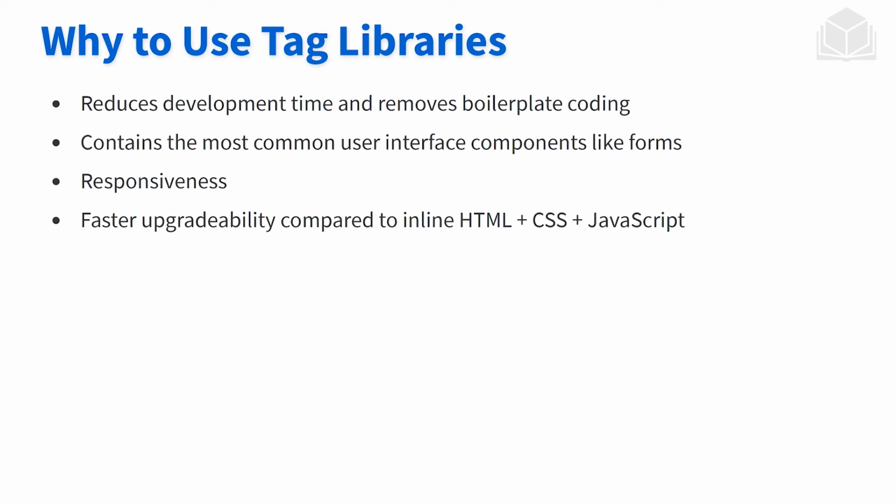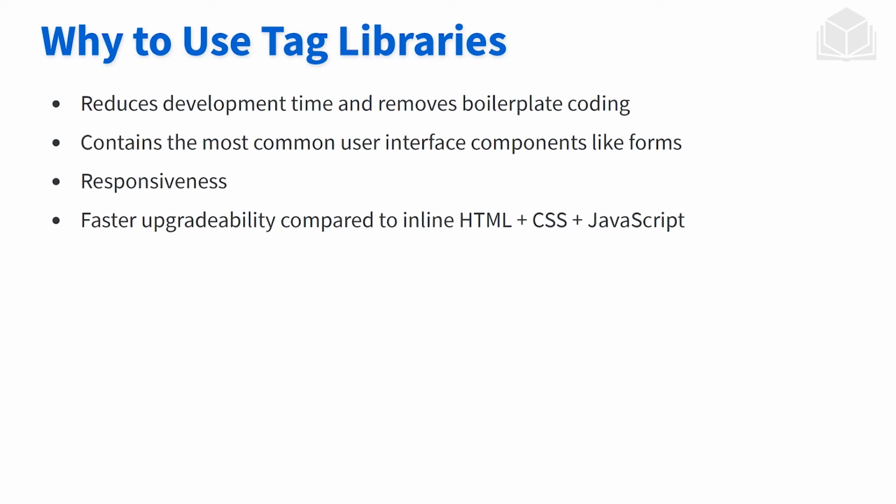All of that to say, we've had a pretty lengthy discussion about tag libraries. So why would we want to use them in the first place? Tag libraries really are designed for us to reduce the amount of boilerplate code that we would be adding into our application.